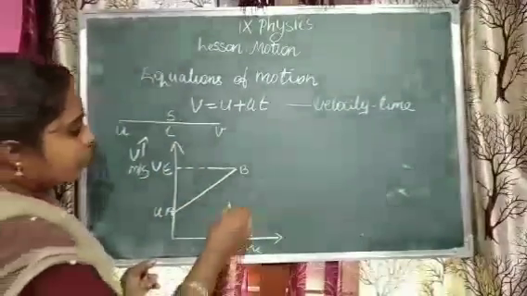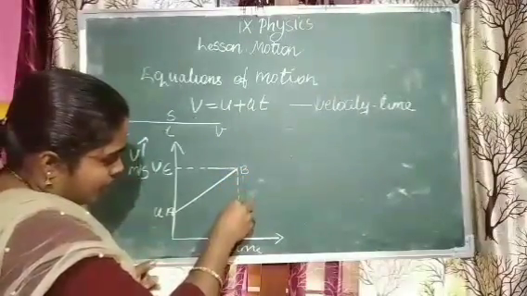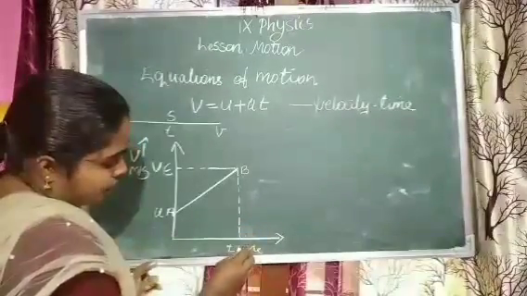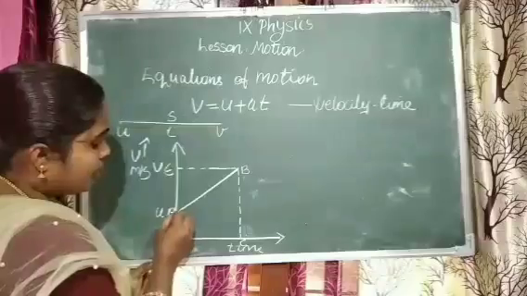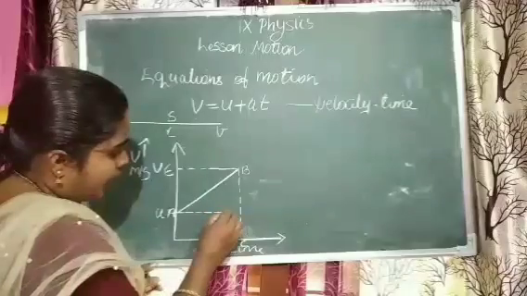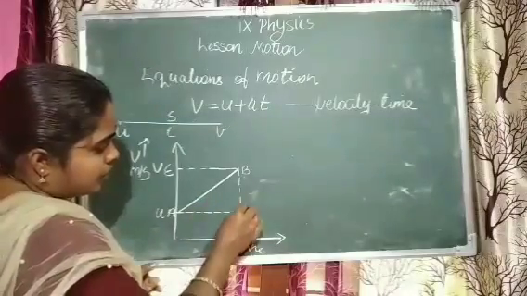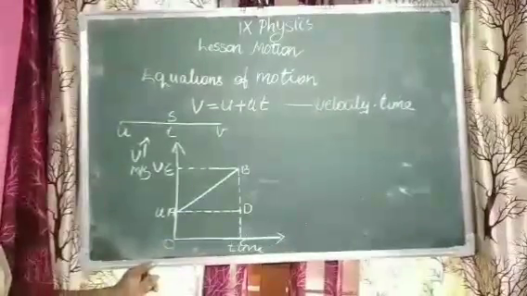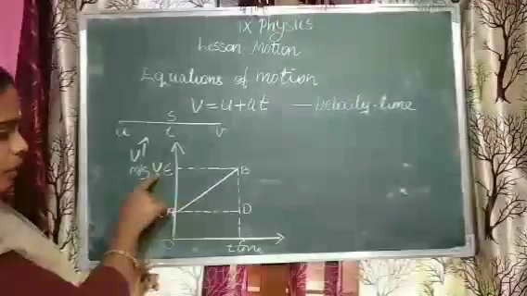Then we can draw a line parallel to the y-axis from the point B, meeting the time axis at the point C. Then we draw a line parallel to the x-axis from the point A, which meets BC at the point D. From this graph, what we can understand is that the distance OE is equal to the final velocity v.